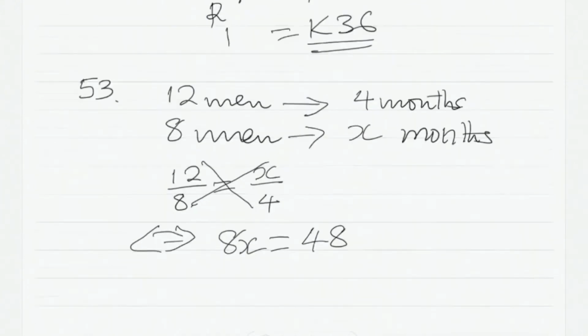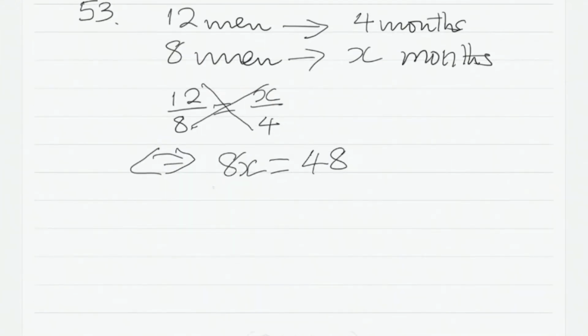So we divide this side by 8 and that side again by 8. 8 into 8 is 1. 8 into 8 is 1 again. So we remain with x. 8 into 48, it will go in 6 times.